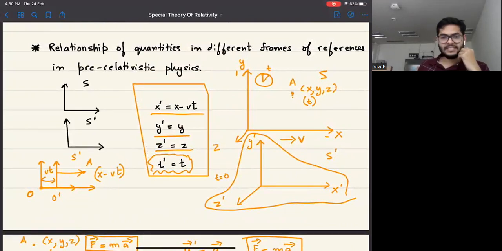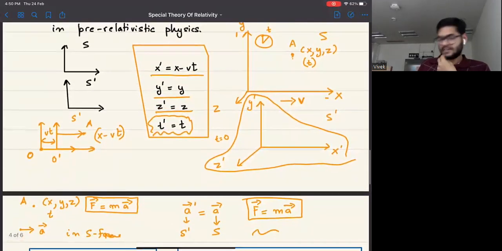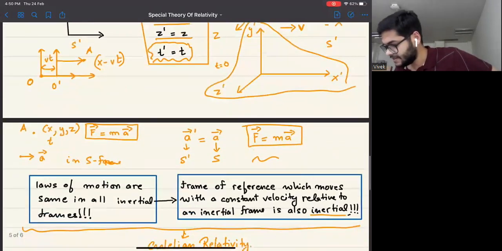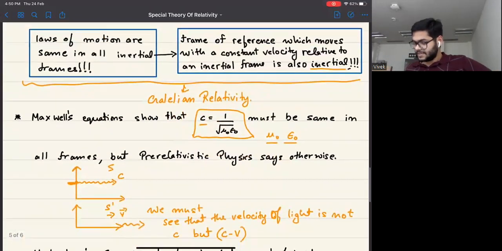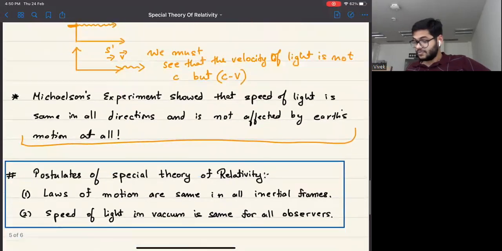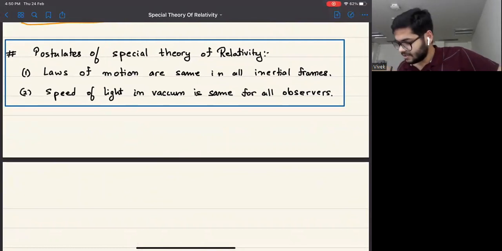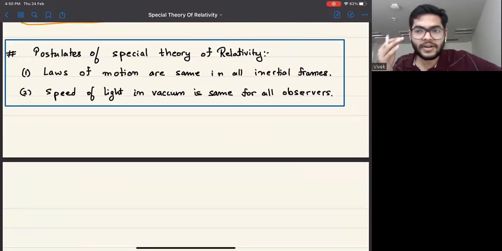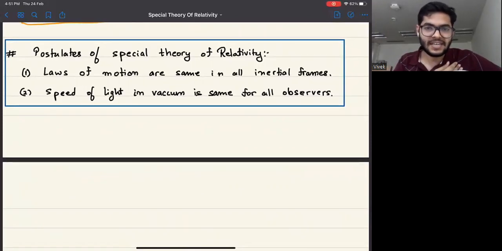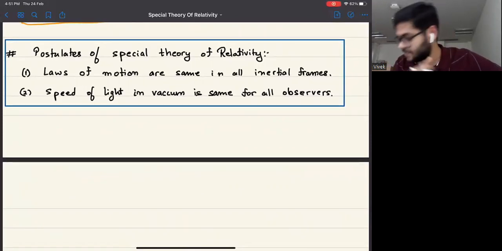these equations, which are called the Galilean transformation, and where exactly does this fail when it comes to the speed of light? These things will be discussed in the next video, in which we will start with the postulates of special relativity, the starting points of our theory, which are the statements which we assume to be correct based on experiments.